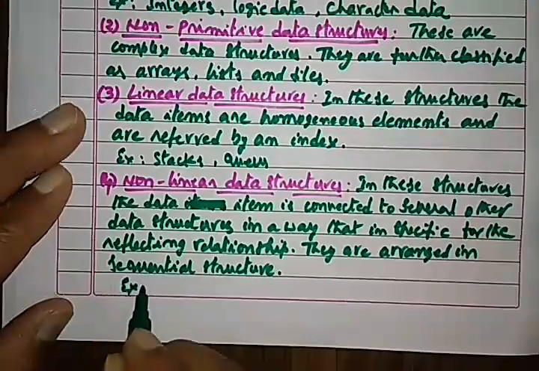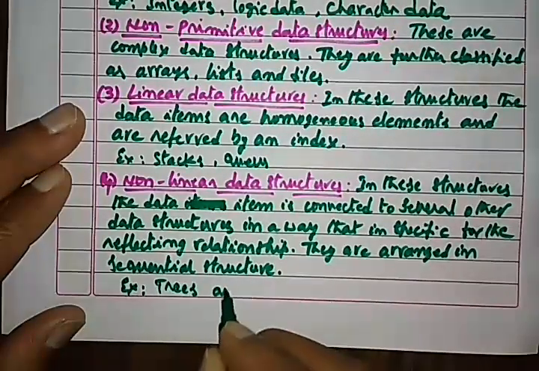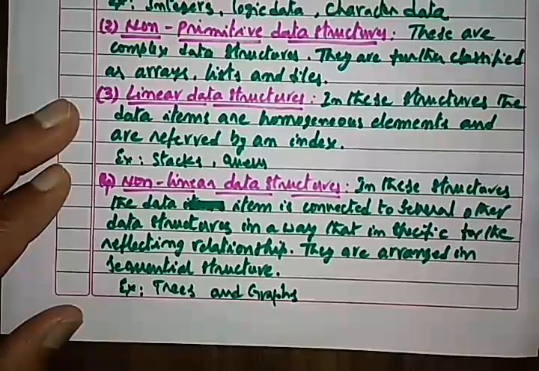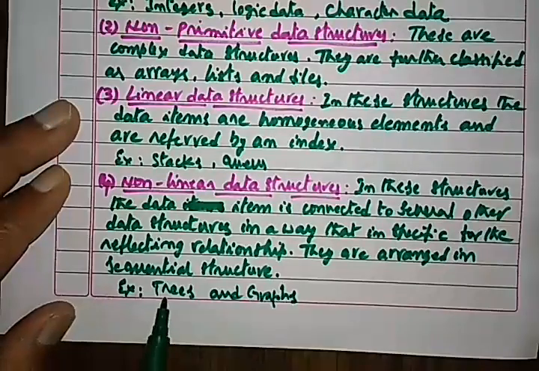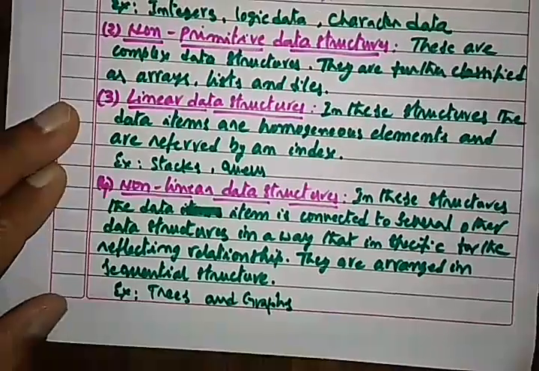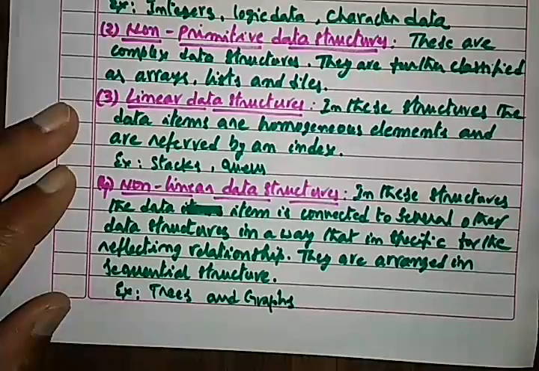So examples in this case are trees and graphs. For example, trees: the way Google arranges its data is in this tree format, so that if you ask some question, it can go anywhere and identify it.